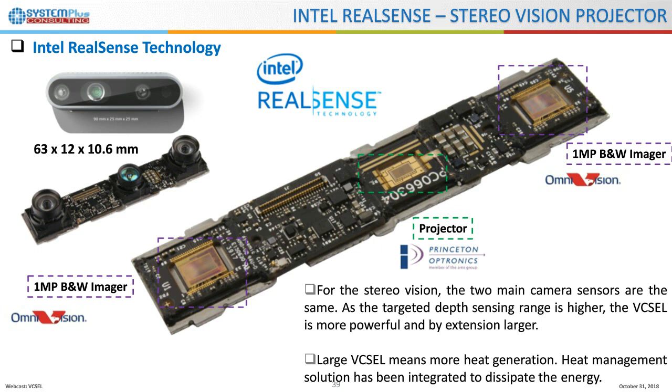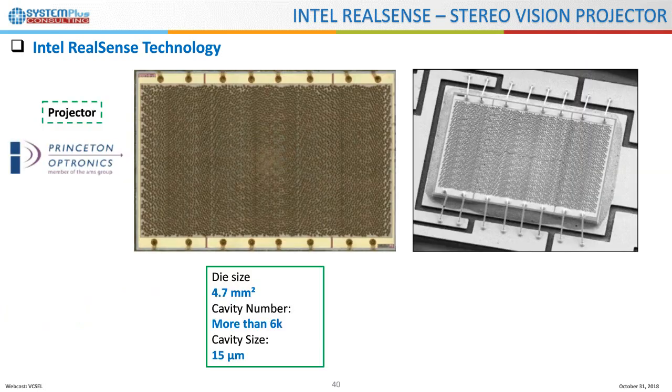If we have a look a little bit closer at the VCSEL, it's really interesting to see the difference compared to the ones which are used for 3D face recognition. In this case, we have a very large VCSEL die, close to 5 square millimeter. So if we compare this to the 0.5 square millimeter of the iPhone, or even if we compare with VCSELs from proximity sensors, which are much lower compared to 0.5 square millimeter, here we have a very large number of cavities. It's more than 6,000 cavities for this VCSEL.